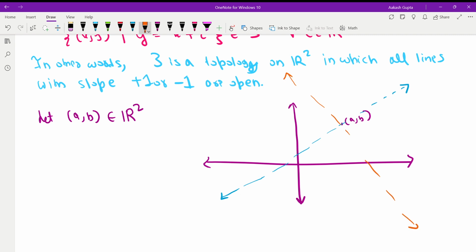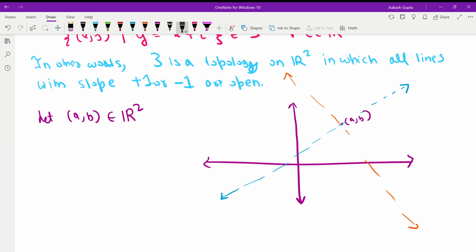I am taking two lines passing through (A, B) with slope +1 and -1. Now you may wonder, is it possible? The answer is yes, this is possible. Let me tell you why.